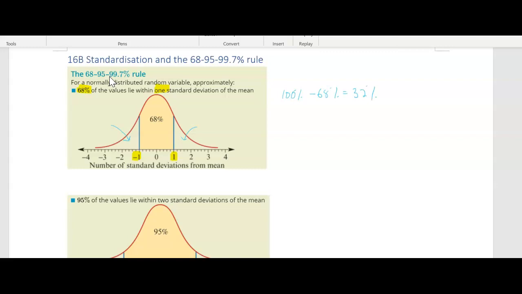Now that's not 32% either side. That 32% is divided by 2. So that means you have 16% either side. So you do need to deal with these percentages as well, not just the 68%. So knowing that 16% either side is extremely important.